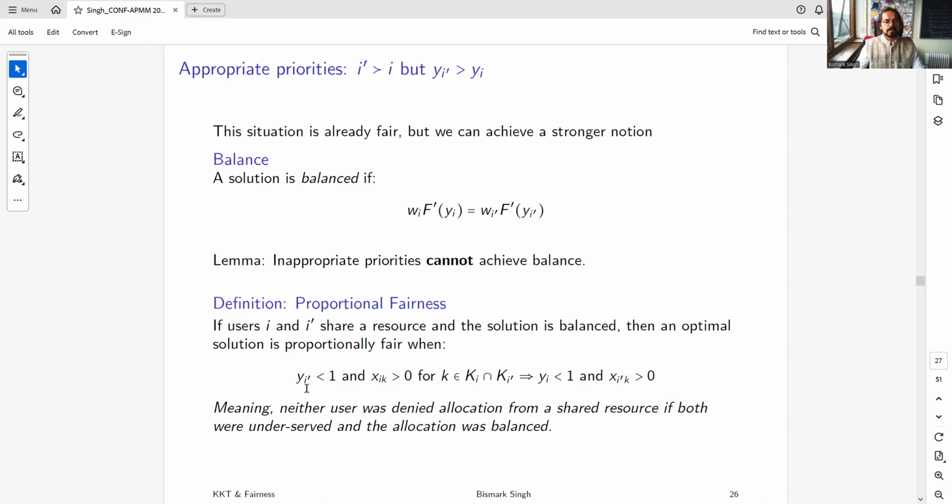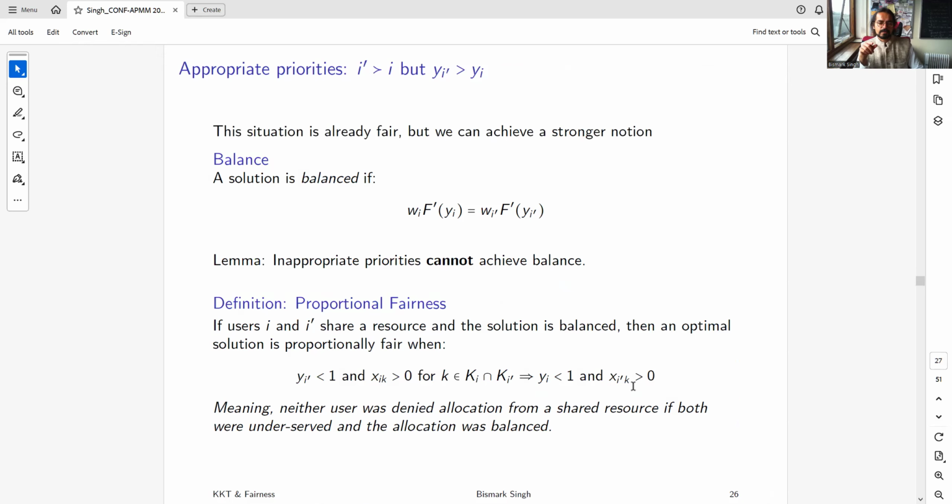if the coverage of one user was less than one, so that means it had room to be served, and the other was served. So if this happens, then the solution is proportionally fair only if the other user also had a coverage of one, and the first user was also served. So this notion is symmetric, you could see.